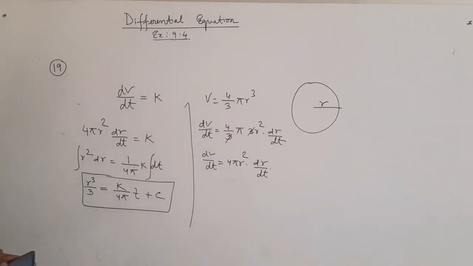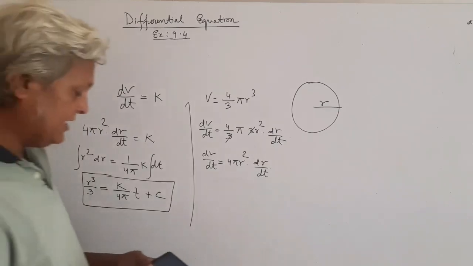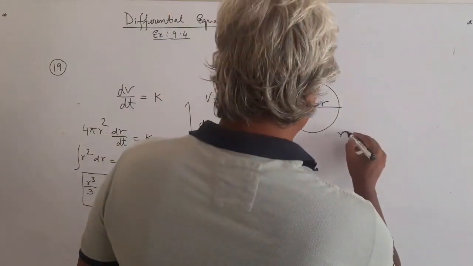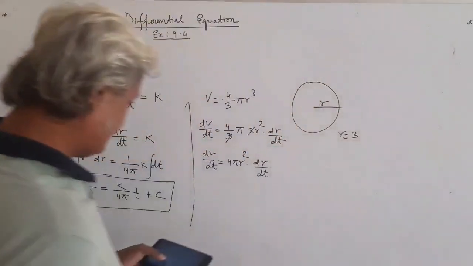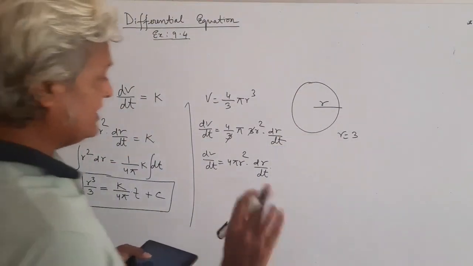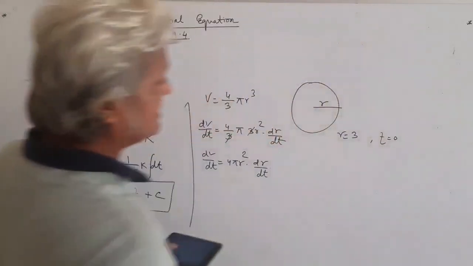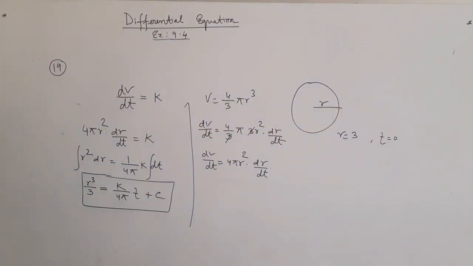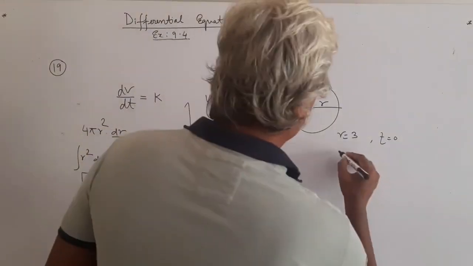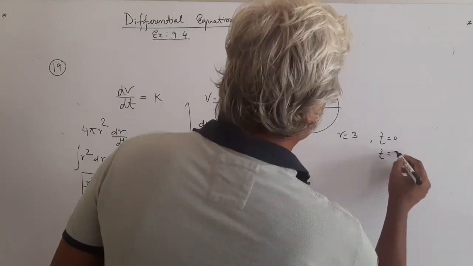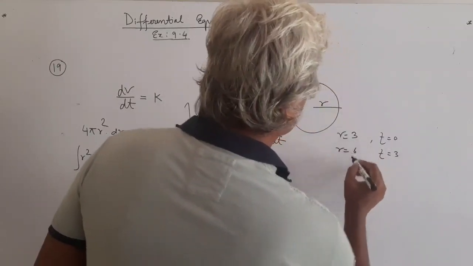Now it has given the condition that initially its radius is 3 units. When time is 0, the radius is 3, and after 3 seconds the radius becomes 6 units.